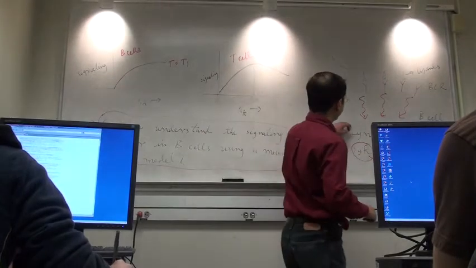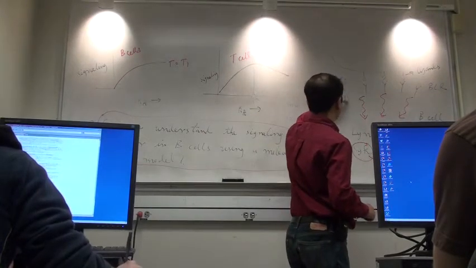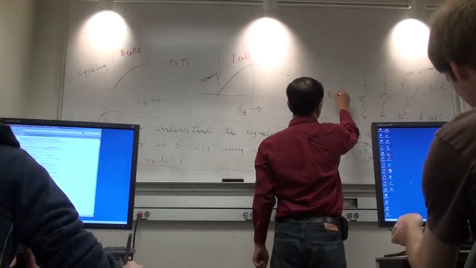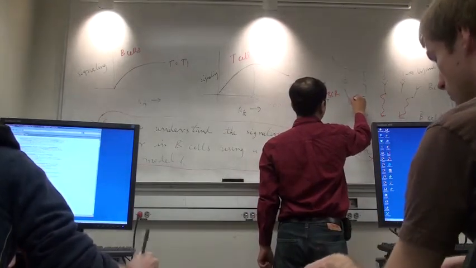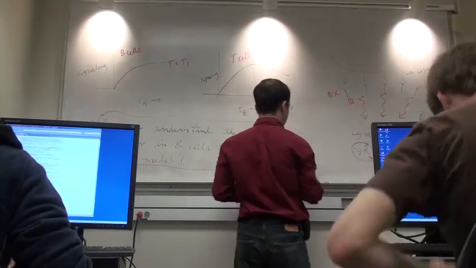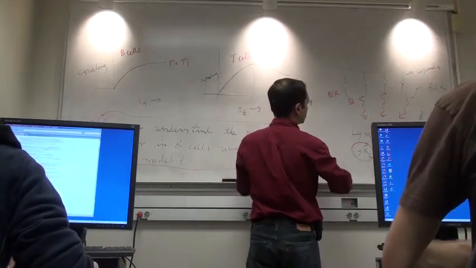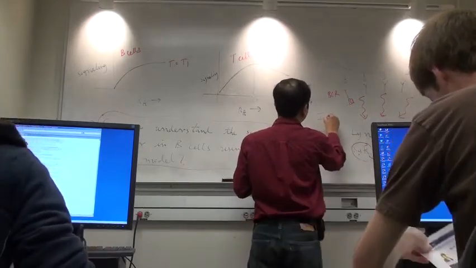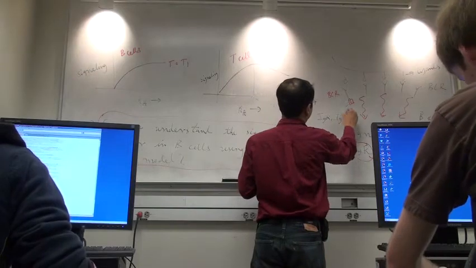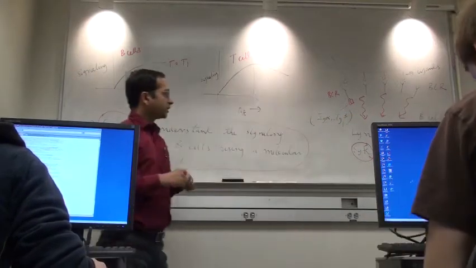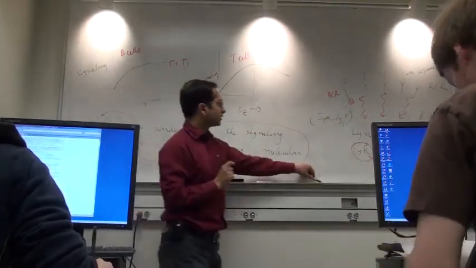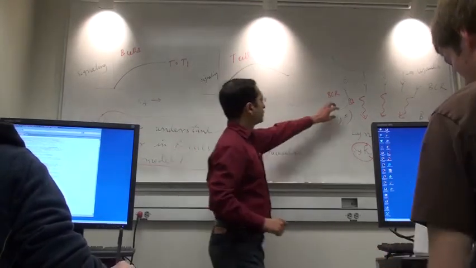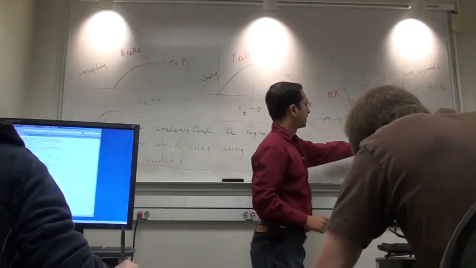The first step is that LYN can bind with BCRs, and each BCR molecule has two sites, which we call Ig alpha and Ig beta. Those are two molecules attached to the cytoplasmic chain of BCR, and those two molecules get phosphorylated by LYN molecules.